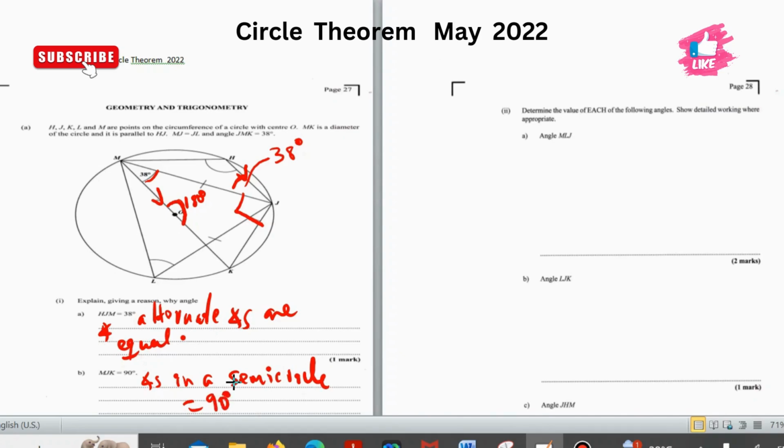All right. In addition to that, we are to find angle MLG, and we are to find LJK. For MLG, before we can do that, we would have to know what this angle is.